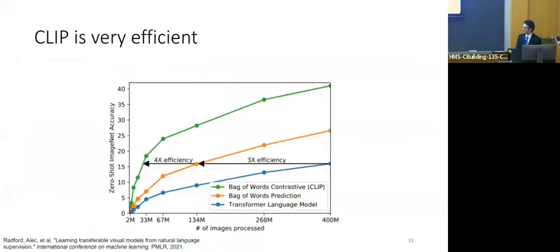But before I get there, one last point on the image and text CLIP. One of the reasons why we were so excited about CLIP and thought it would be a good approach to translate over to proteins is that it's incredibly efficient.